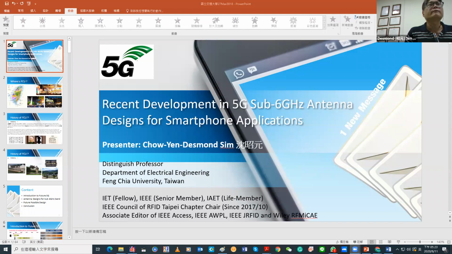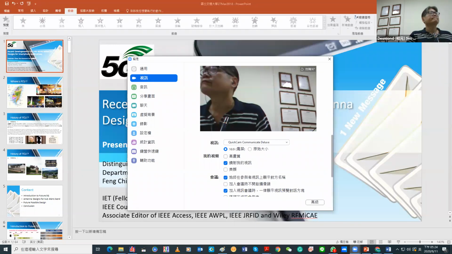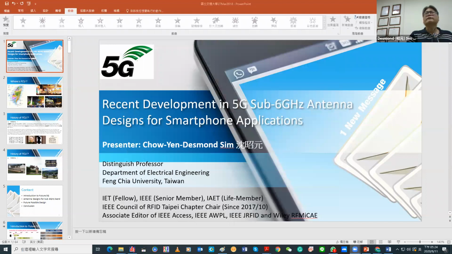Now let me see if I can switch the screen. Strange. I couldn't find it.